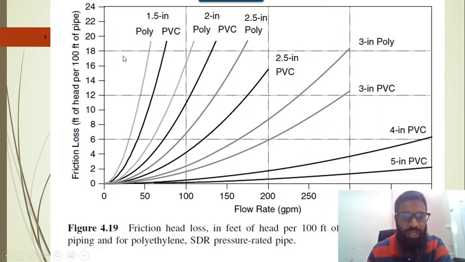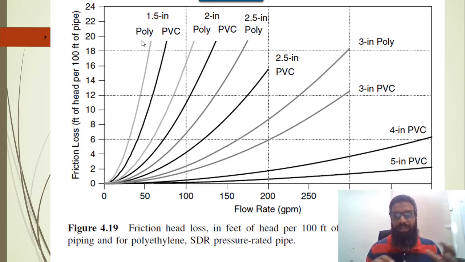The materials of the pipes are basically of two types. One is PVC pipe, and the second type is polyethylene pipes. Polyethylene pipes are basically rubber type pipes that can be transported in the form of a roll. But PVC pipes are basically rigid plastic pipes, and the transportation becomes very difficult.